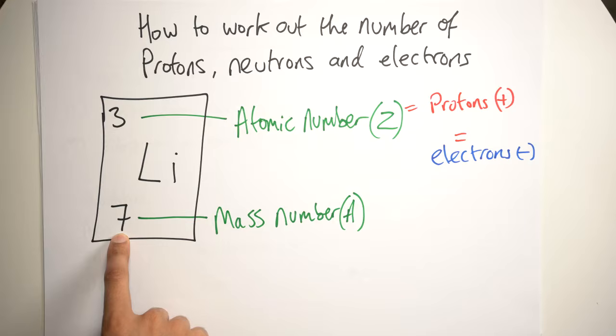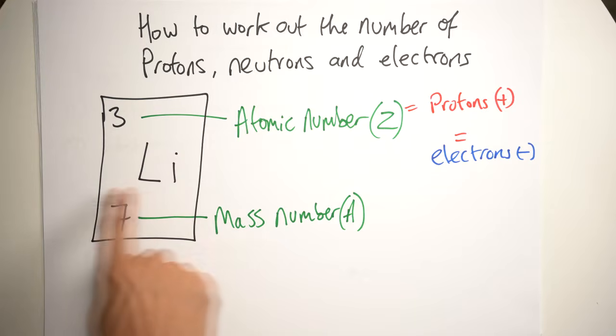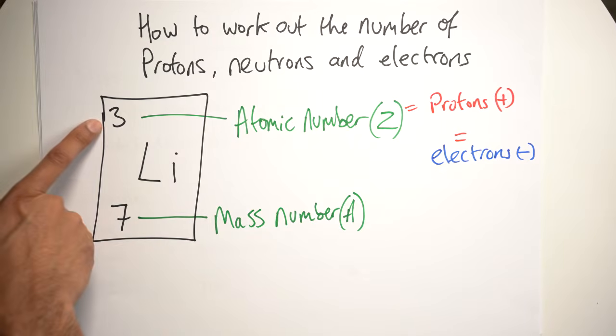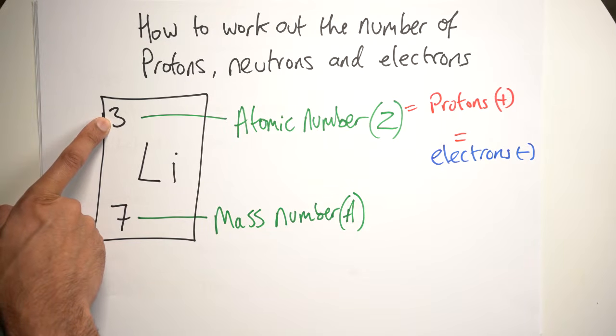Now the mass number, this tells you the total number of protons and neutrons together. So out of this 7, if I have 7 nucleons, that's neutrons and protons together, but 3 of them are protons, how many are neutrons?